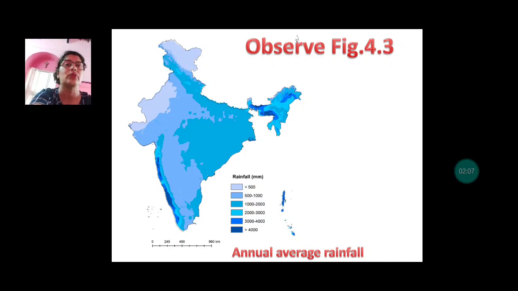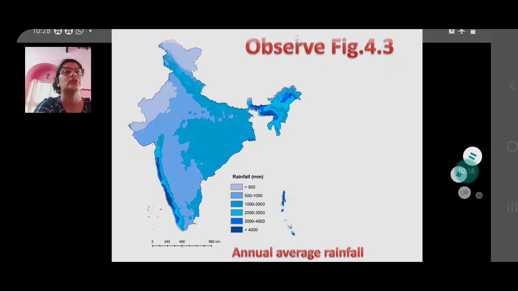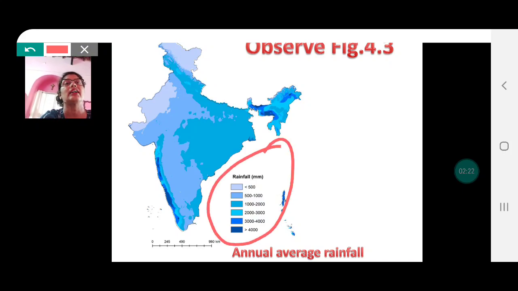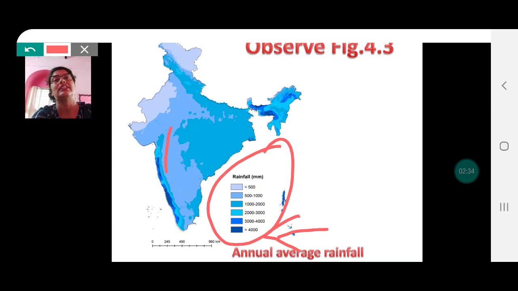Now the first question that is asked here is which region gets more than 4,000 millimeters of rainfall. To understand that, we need to first read the index. The index says the darkest region, shown in dark indigo blue, receives 4,000 and more millimeters of rainfall. So in India, these regions are the western sides of the Western Ghats.